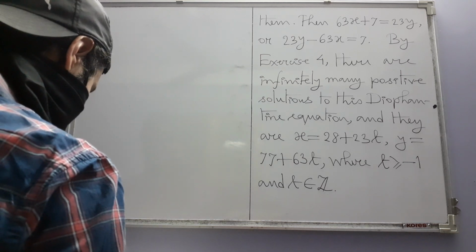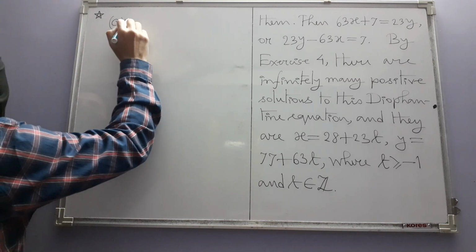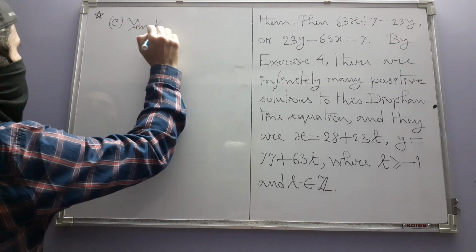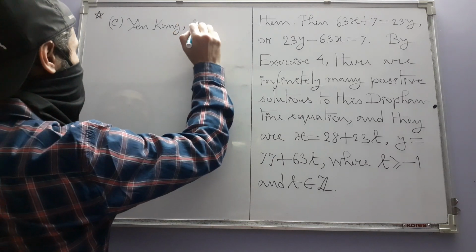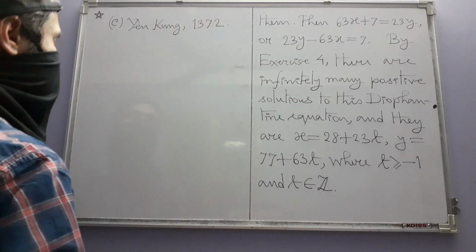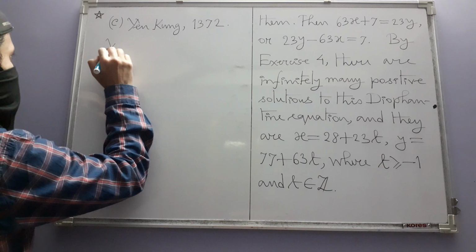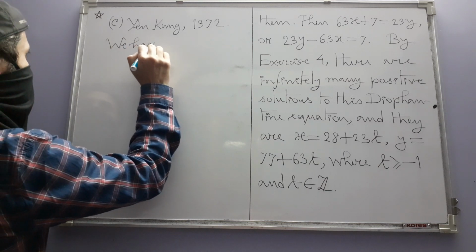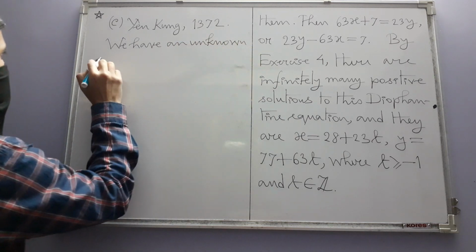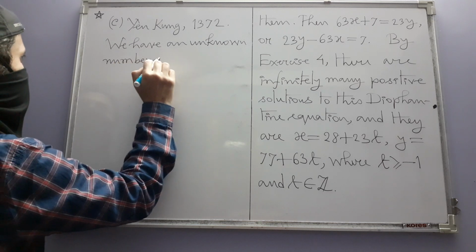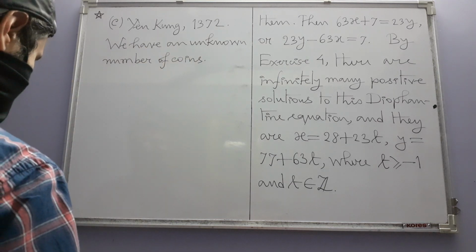Next, Yen Kung, and the year is 1372. So this is from China. We have an unknown number of coins.